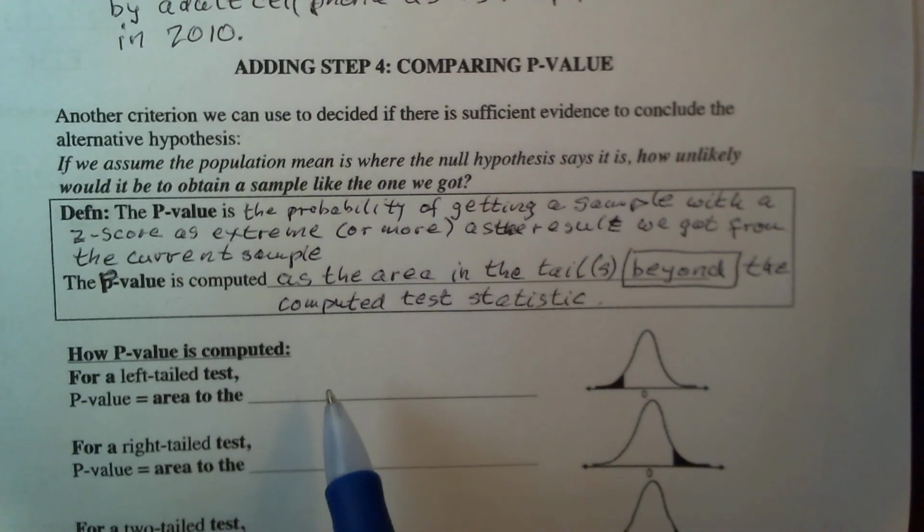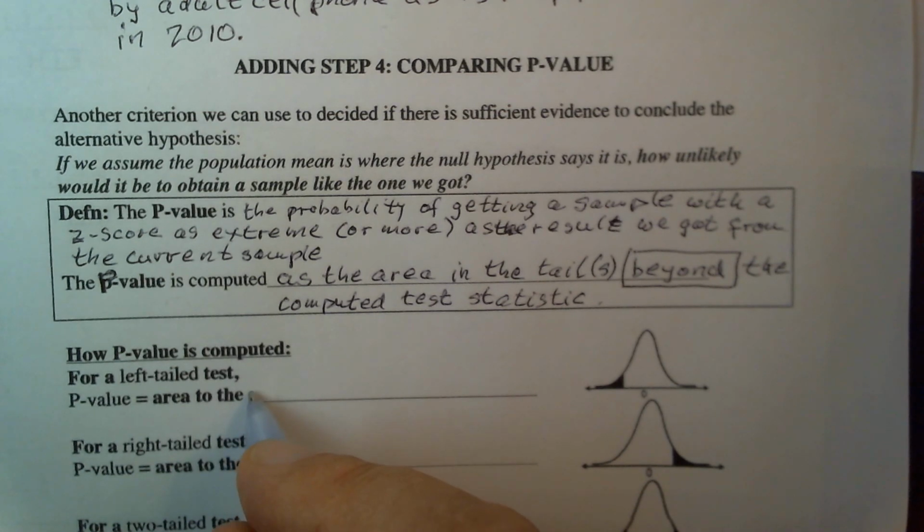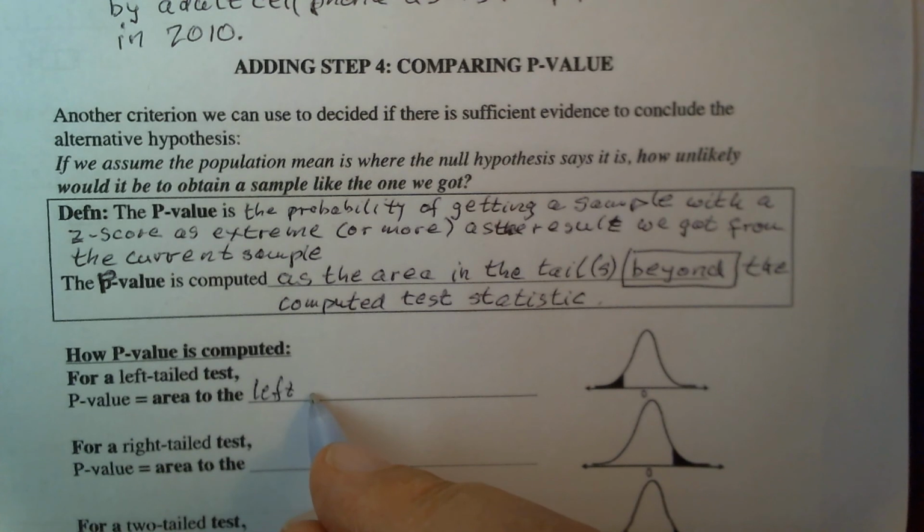So when we have a left tail test, the p-value is computed as the area to the left of the computed z-score.